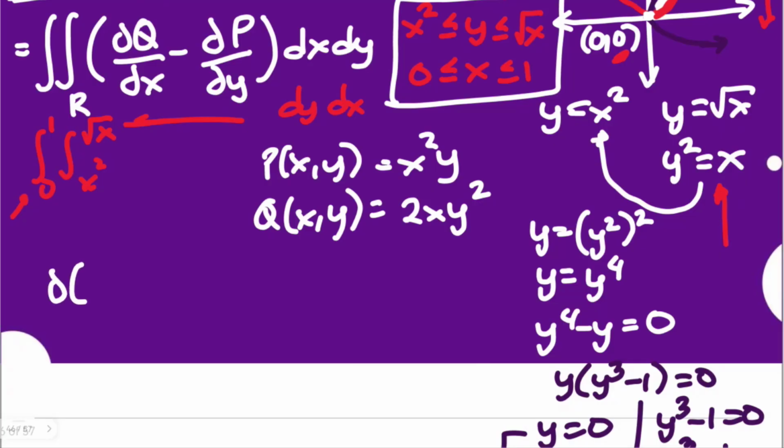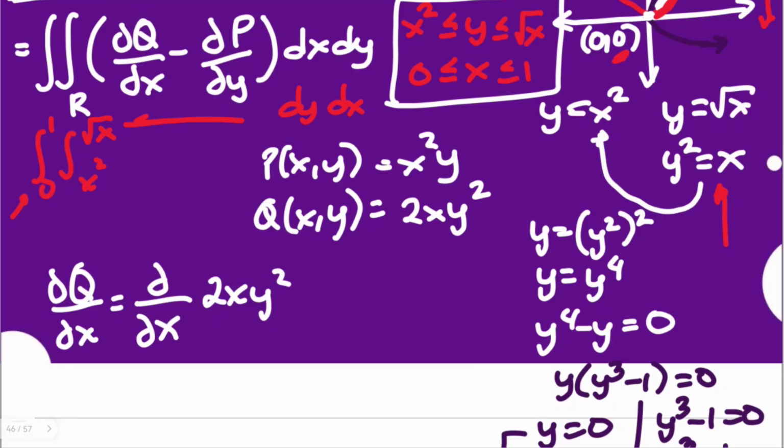So the partial derivative of your q function with respect to x is the partial derivative of 2xy squared with respect to your x. Okay? This means that y here will be treated as constant. So in terms of x, this is actually equal to 2y squared. Am I right? With respect to x. Okay? So x would be our variable.